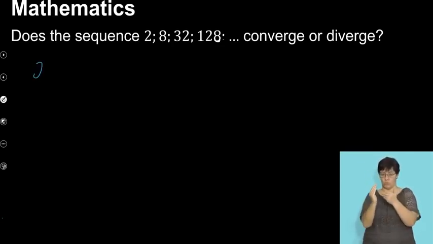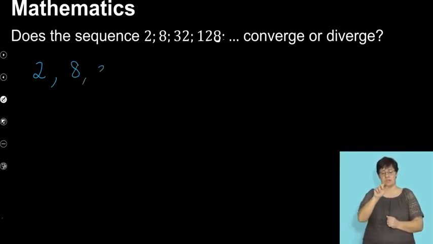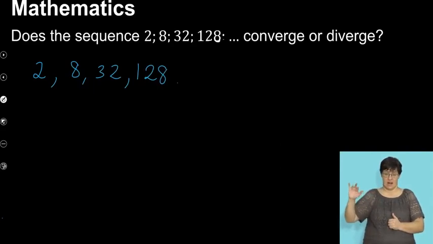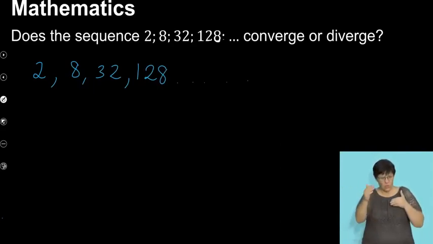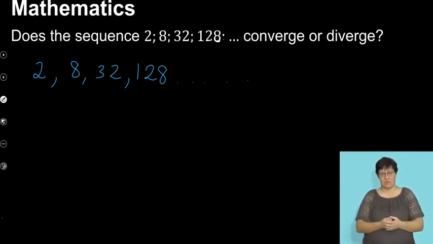So if I look at this sequence, I've got 2, 8, 32, 128 going on, but I'm sure that everyone will agree with me that these terms are not getting closer and closer to 0. These terms are actually becoming larger and larger and larger.